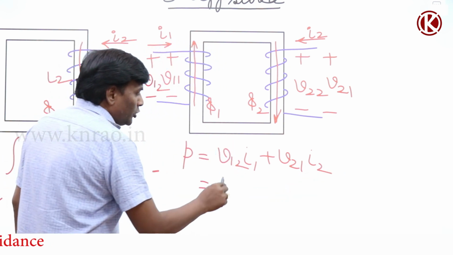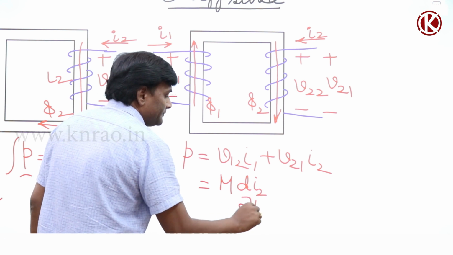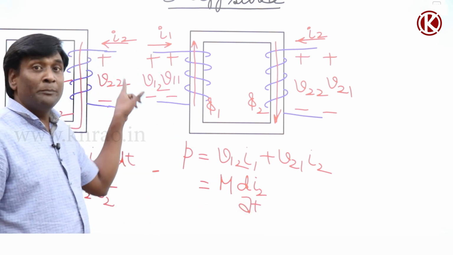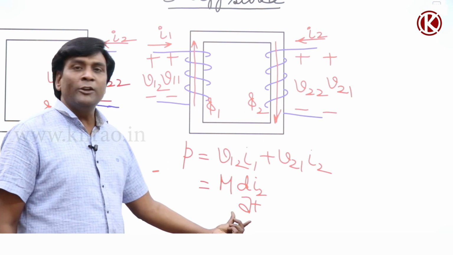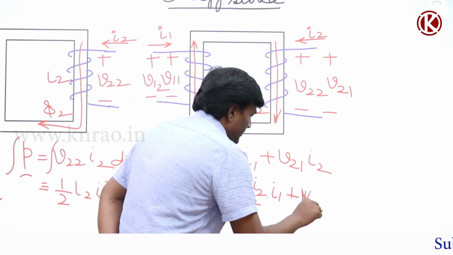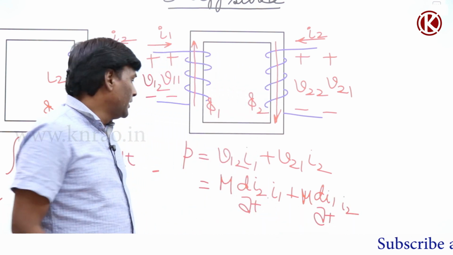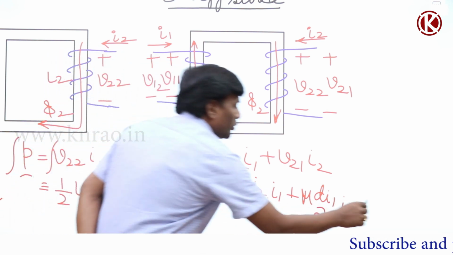So this is going to be M di2 by dt, because the induced voltage here because of this current is going to be M di2 by dt into I1, plus V21 is going to be M di1 by dt into I2. Now if I integrate this, I am going to get energy.